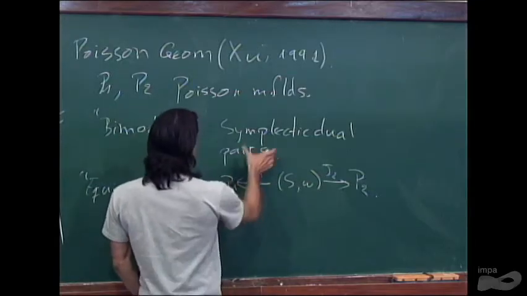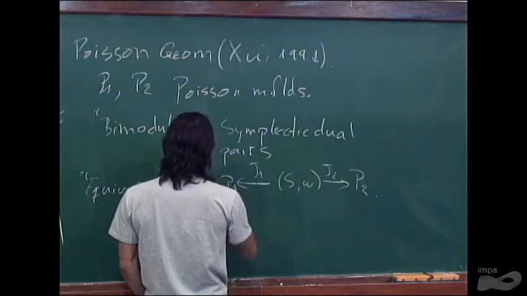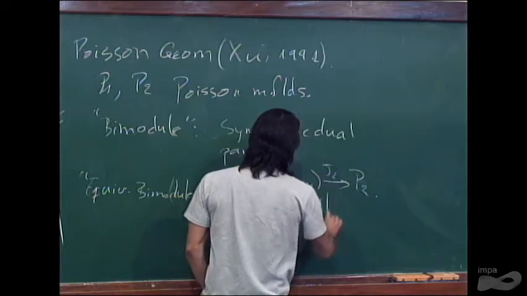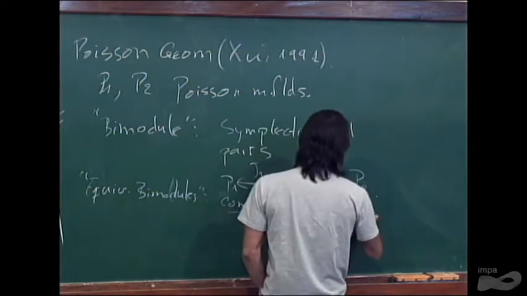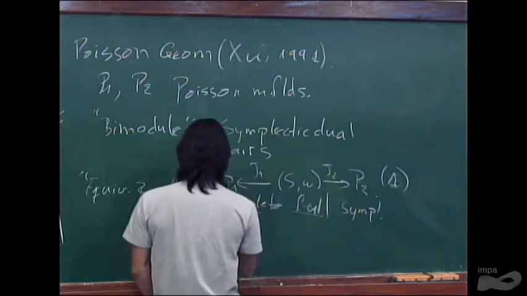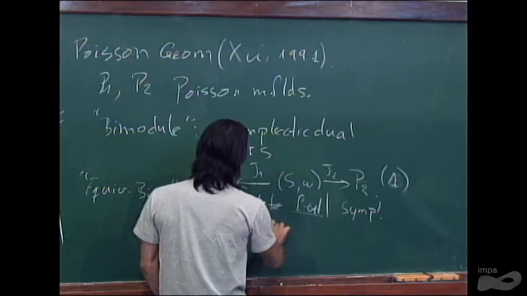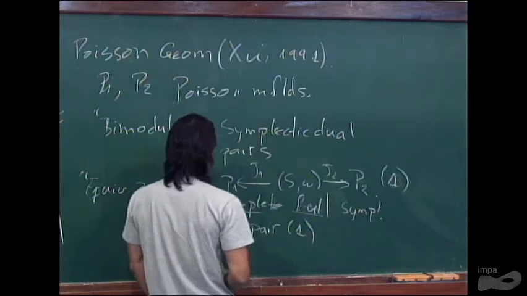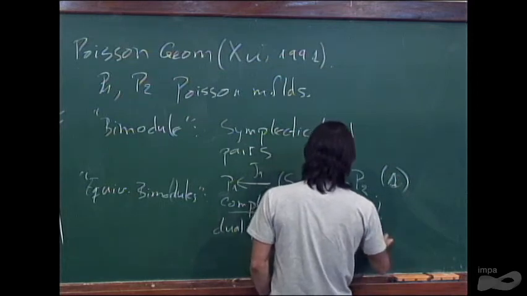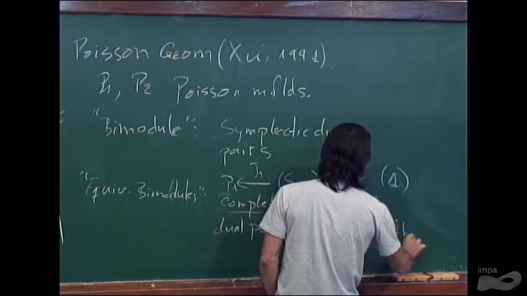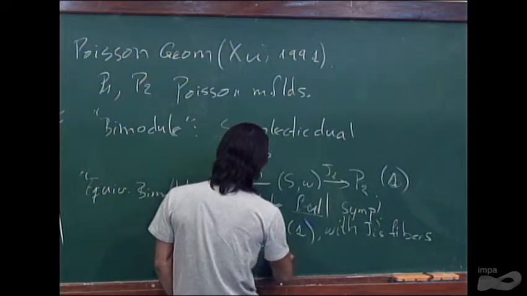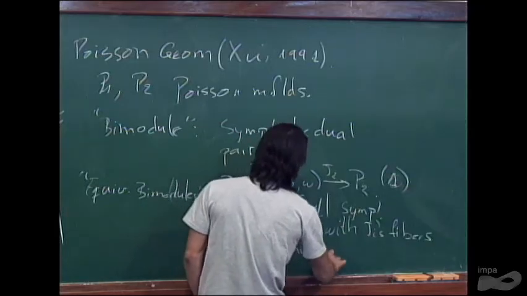Here we ask for this symplectic dual pair to be complete, full, let me call this one, symplectic dual pairs as in one, with the additional condition that the fibers being connected and simply connected.